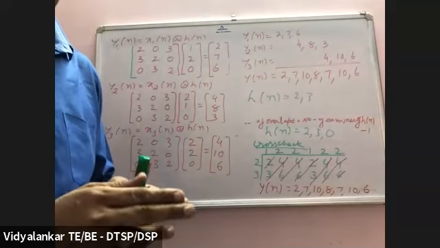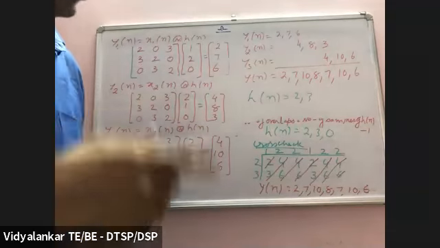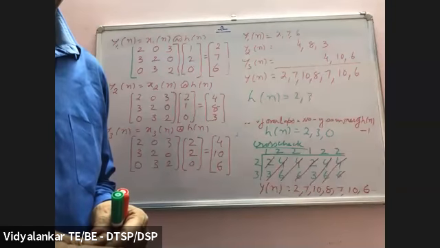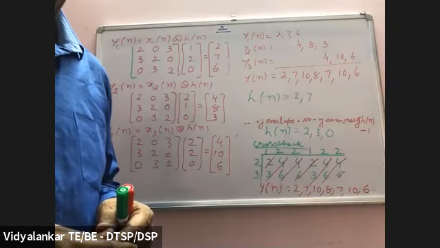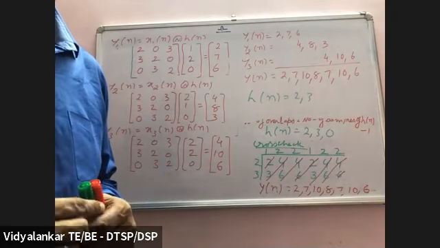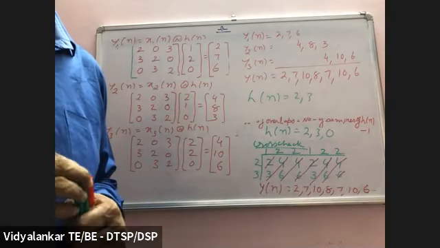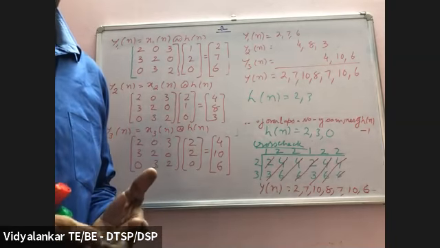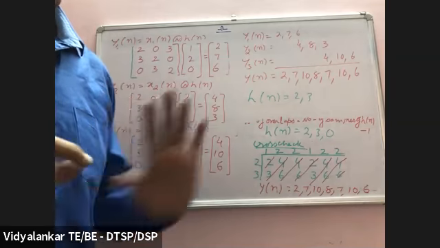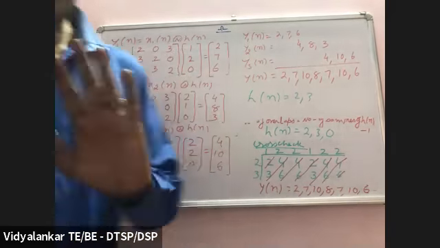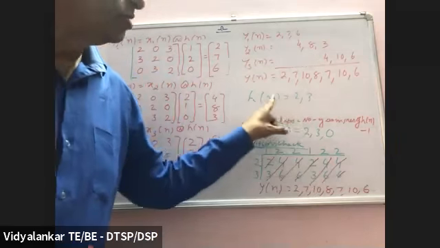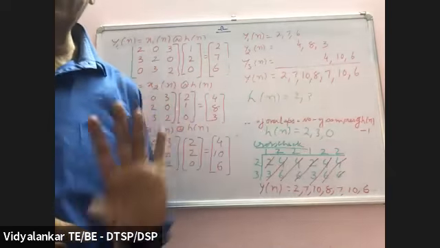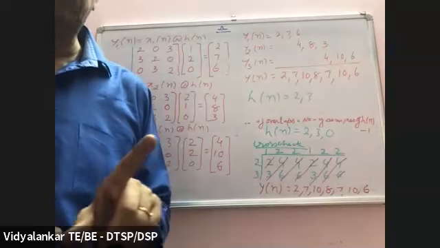That adding of zeros is as per the number of overlaps. It may require 1 zero, it may require 2 zeros. Whatever input you are splitting into x1, x2, x3, the number of overlaps will be as per the number of samples given minus 1. Here 2 values are given, meaning only 1 overlap. Only 1 zero you have to add.